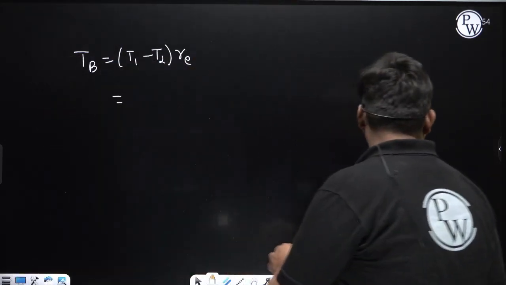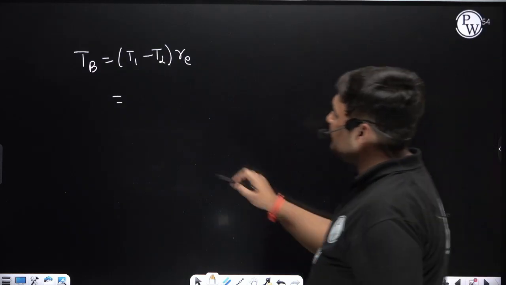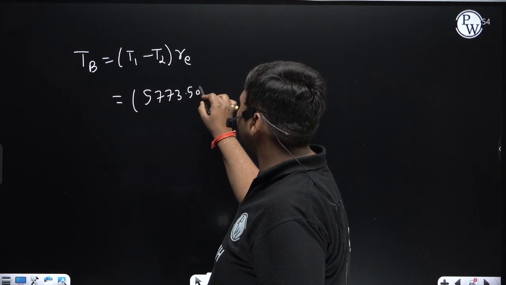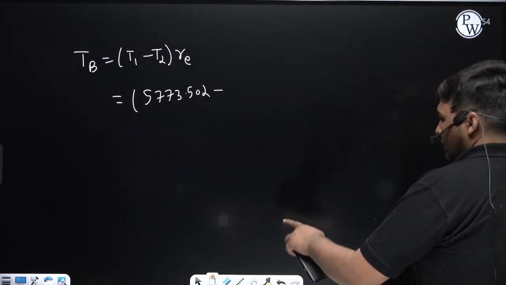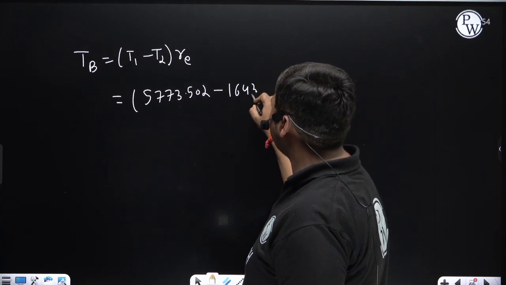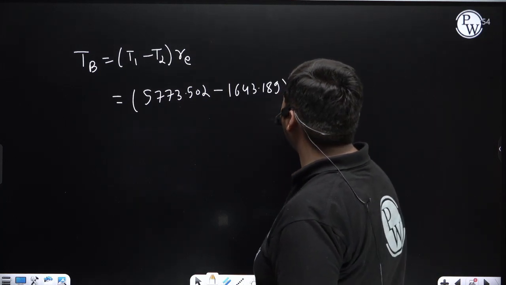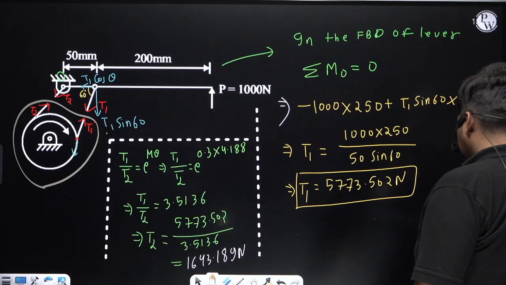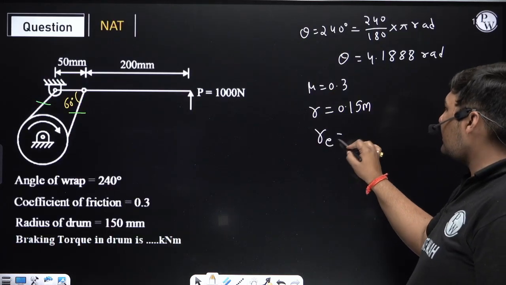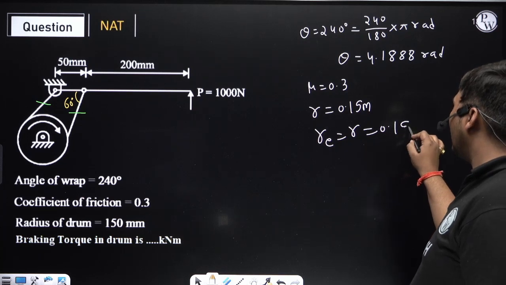Here T1 is 5773.502, minus T2, and T2 is 1643.189, into Re. Since the thickness of the band is not given, we will take Re equal to R, which is 0.15 meter.